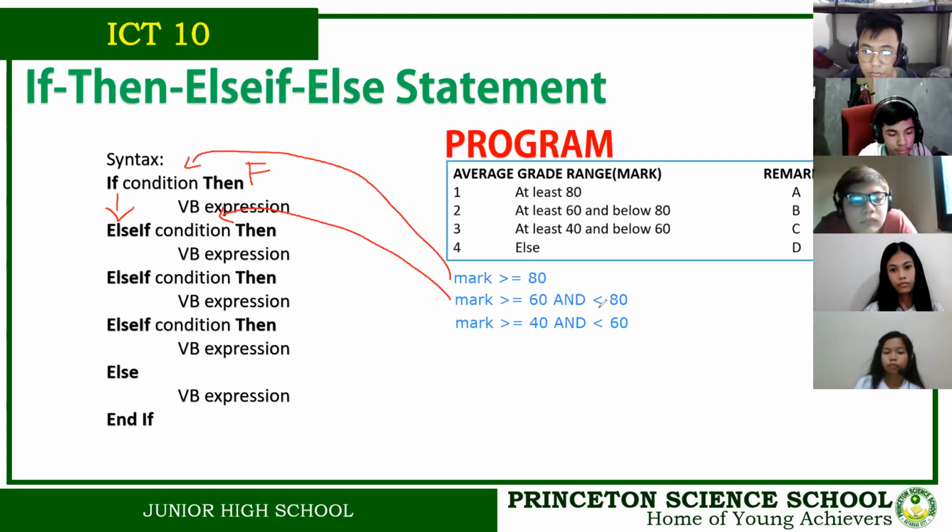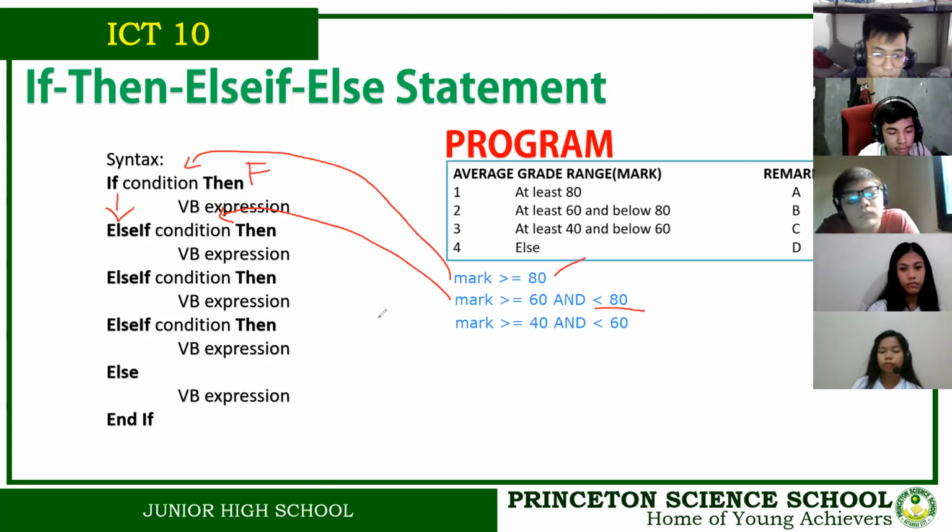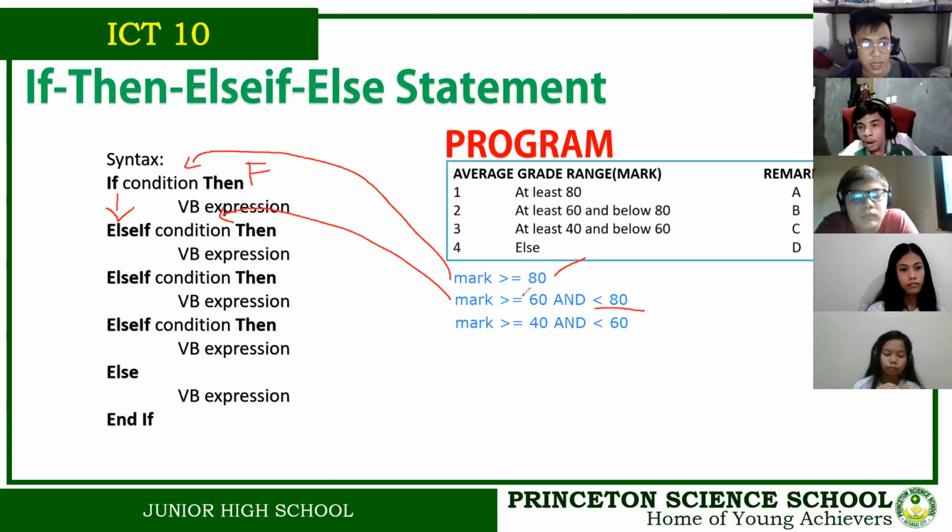Okay, so we always include this to have a limiter, so that it will not include this expression or this condition. Because if we only put greater than or equal to 60, that will still include anything that is greater than 80.